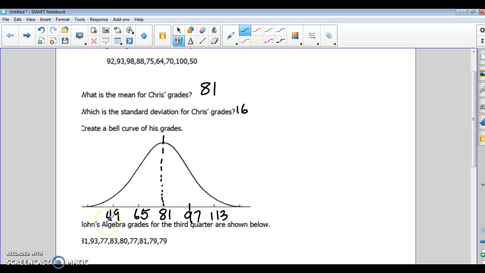Okay, and if you subtract 16 again, that means 33. Okay, so this is the first standard deviation. If you go one positive standard deviation, you add the standard deviation. If this is the second standard deviation, then you just add 16 again.